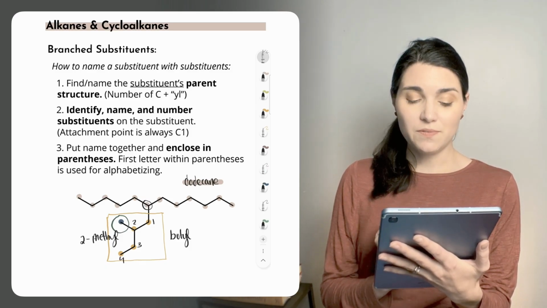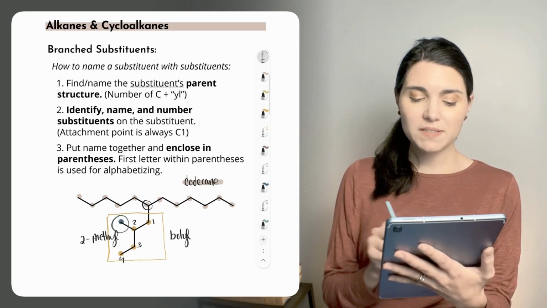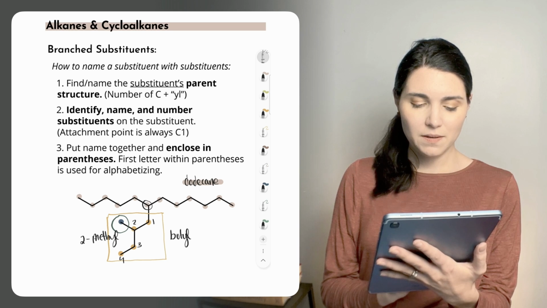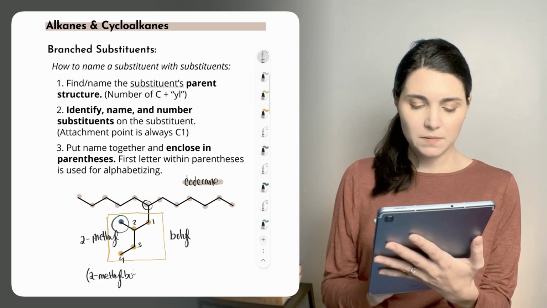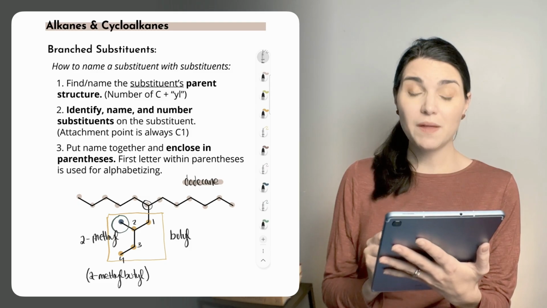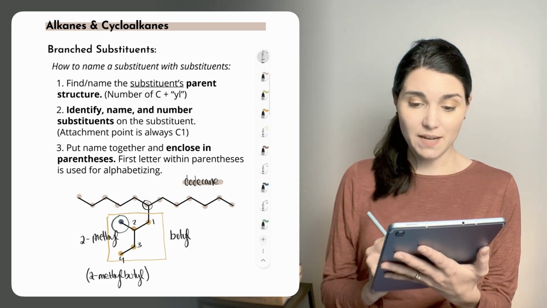So we'll put a 2 in front of it, 2-methyl. And now to name this whole entire substituent, we're going to enclose it in parentheses. So like this, 2-methylbutyl. So that whole piece, 2-methylbutyl, is the name of the substituent that is on the dodecane chain.